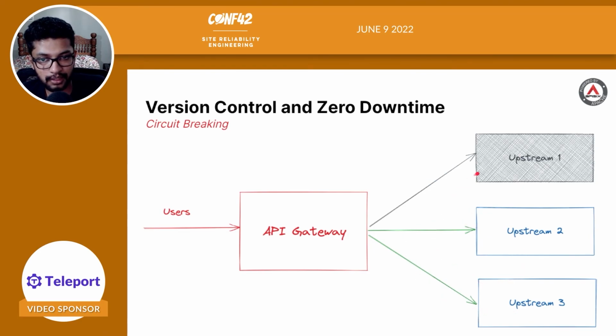And once the upstream is back, once time has passed, the API gateway tries to check the status of the upstream, and if it is working fine, it can go back to the healthy state, and traffic can again be sent to this upstream, and it can again function as normal.